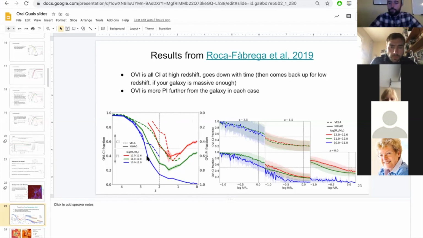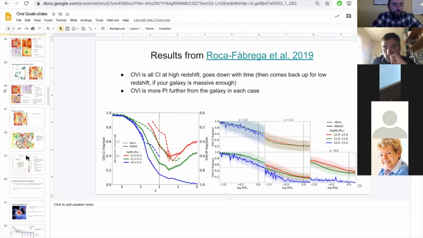That matters because the inner part's way denser, but the outer part gets overrepresented in the sight line, because the sight line goes through the CGM to some minimum point, but spends most of its time outside that minimum. So when you look at sightlines, this actually doesn't change a ton with redshift.